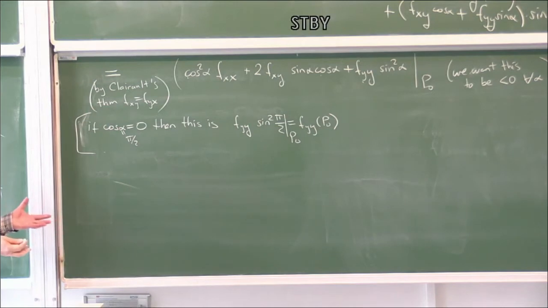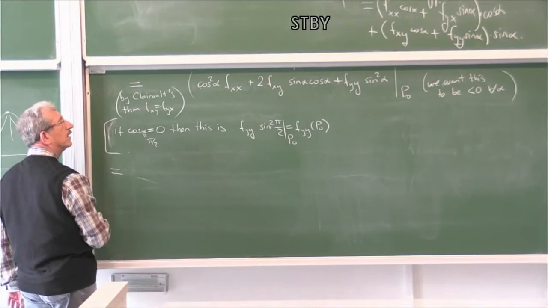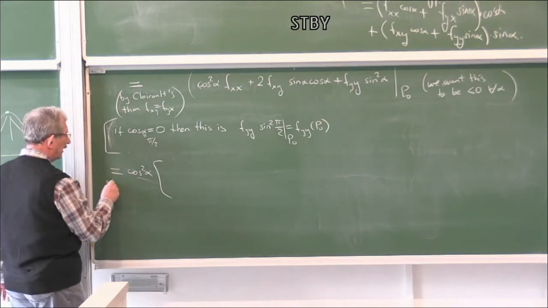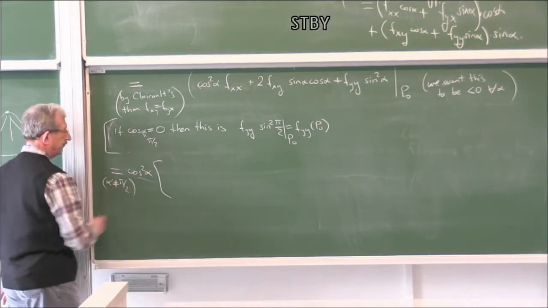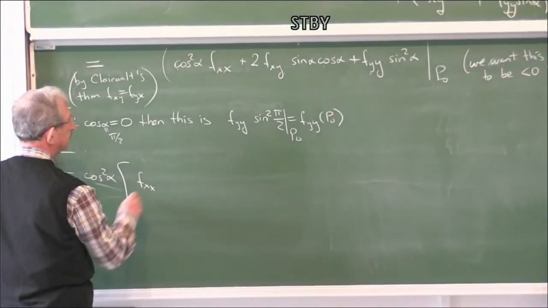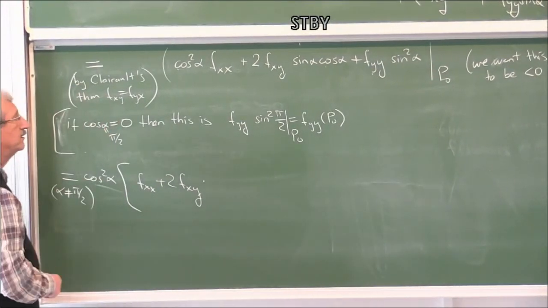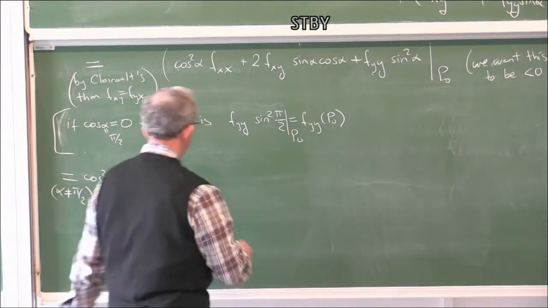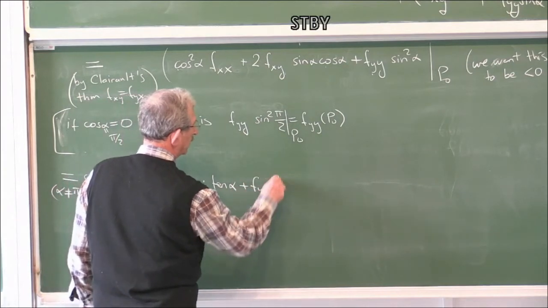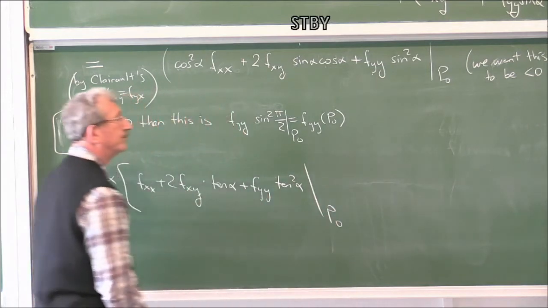Okay, the reason I want to divide by cosine alpha. So let me continue with the expression here. Let me take cosine square alpha out, assuming alpha is not pi over 2, because I will divide. This is then f_xx plus 2 f_xy times, okay, dividing by cosine square, you have tangent alpha plus f_yy tangent square alpha, all evaluated at P0.